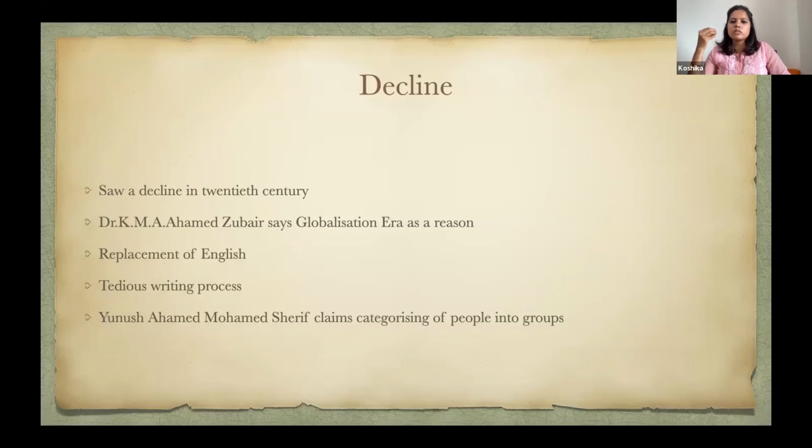This really made the Tamil Muslims feel low. So to join in society, to have that standing, they started learning Urdu.